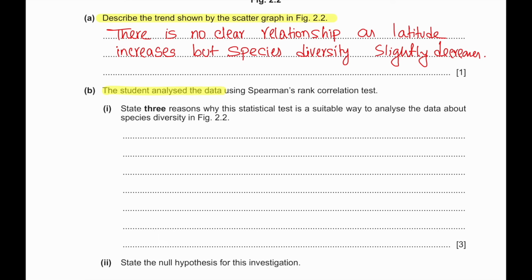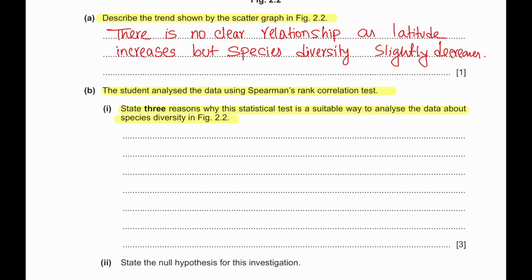The student analyzed the data using Spearman's rank correlation test. State 3 reasons why the statistical test is a suitable way to analyze the data about the species diversity in figure 2.2. Basically, when using Spearman's rank correlation, we can allow the number of bird species and the latitude, the two data sets which are independent of each other, to correlate.